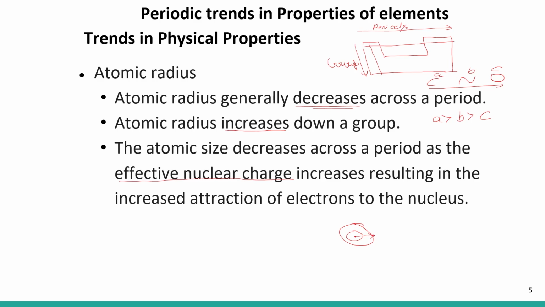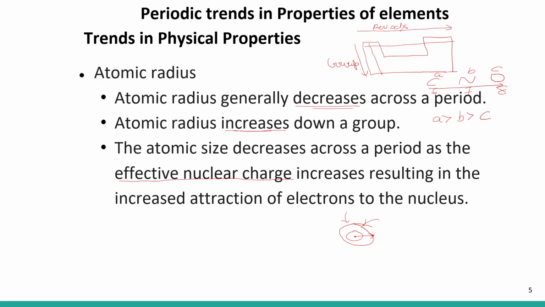The net force that is experienced by this electron from this nucleus is called the effective nuclear charge. So when we move across a period, from carbon to nitrogen to oxygen, we keep adding electrons to the outermost shell. Its atomic number is 6, then 7, then 8.